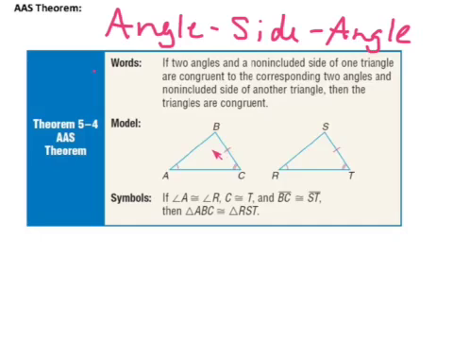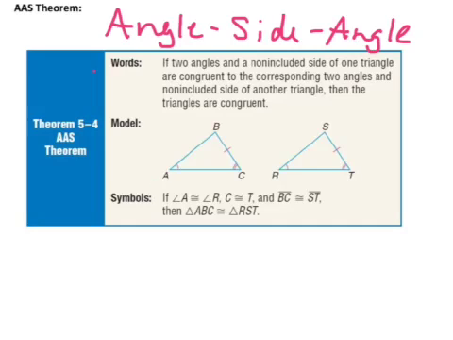Notice that this side, BC, is opposite angle A, therefore it's a non-included side of angles A and angle C. Likewise, notice that segment ST, indicated as congruent to segment BC, is opposite angle R. Therefore, we say that segment ST is the non-included segment to angles R and angle T. And we have our math statement here indicating so.